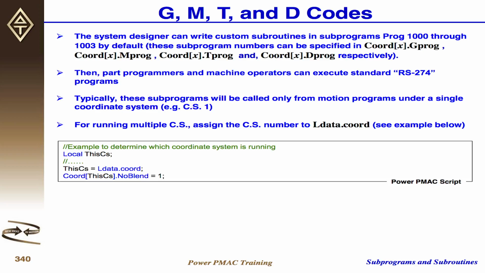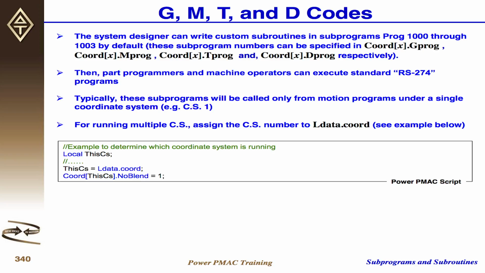You have the flexibility to add and change things in the subroutine because you're writing it. So once you write these subroutines, the part programmers or the machine operators can execute the standard RS-274 programs or specific codes, whatever you design.